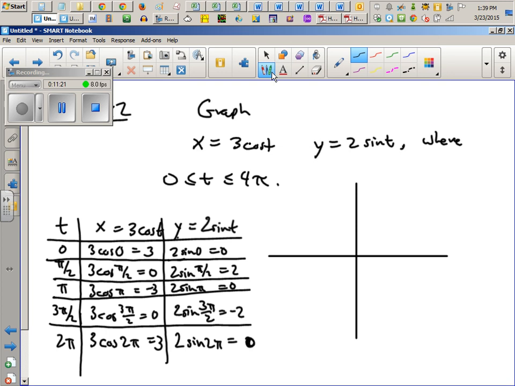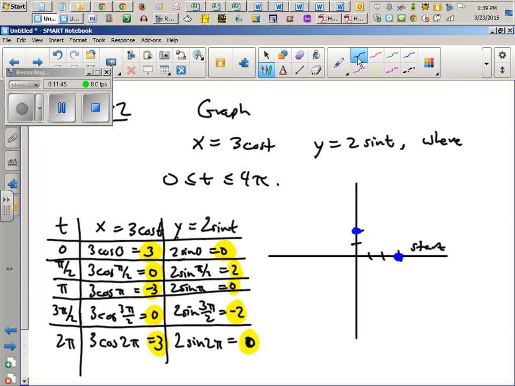Okay, the first point is at 3, 0. We saw last time you just take these as your coordinates. So 3, 0; 0, 2; negative 3, 0; 0, negative 2; 3, 0. So let's plot those. 3, 0, I'm going to write start there. Next point is 0, 2.